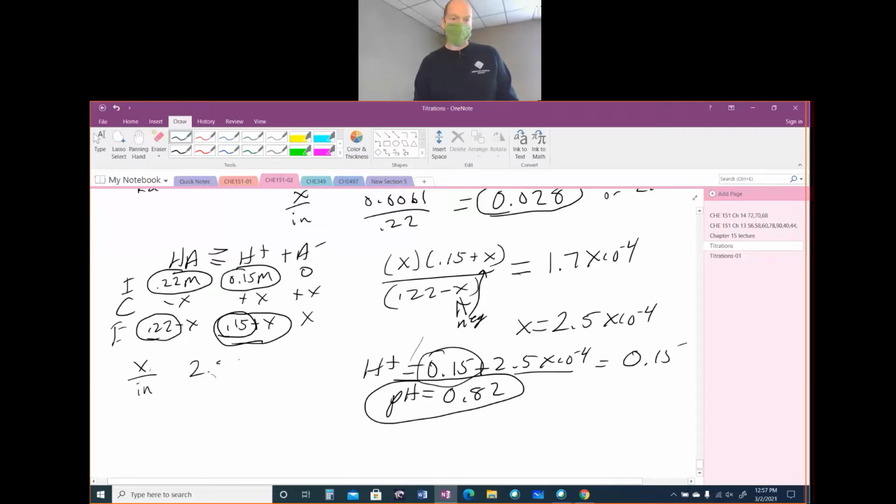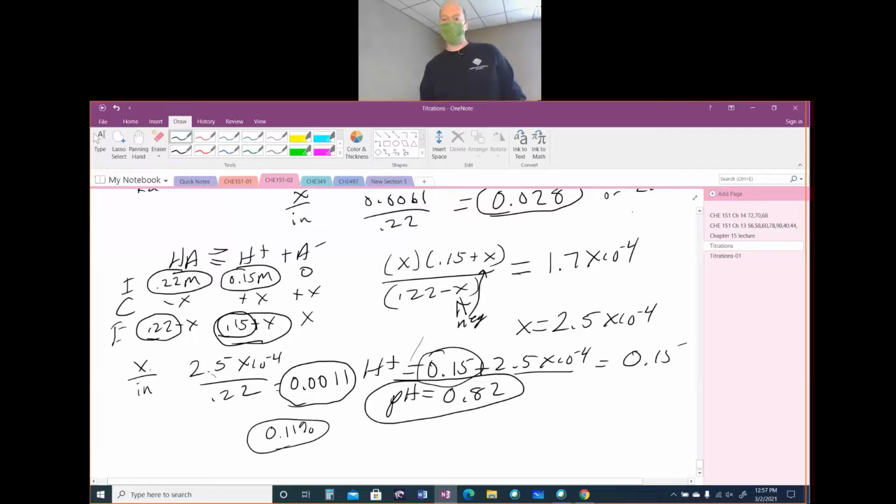So 2.5 times 10 to the minus 4 divided by 0.22. And that gives us a degree of ionization of 0.0011. If you were doing a percent, it is 0.11%.